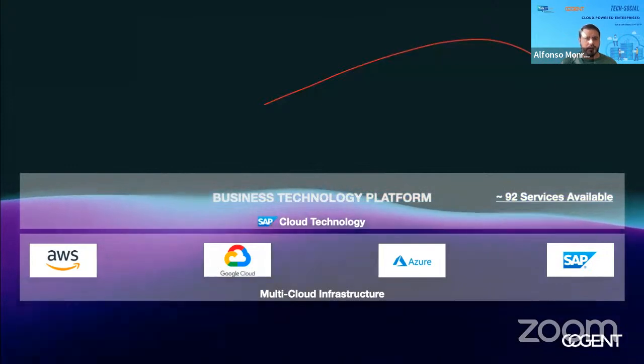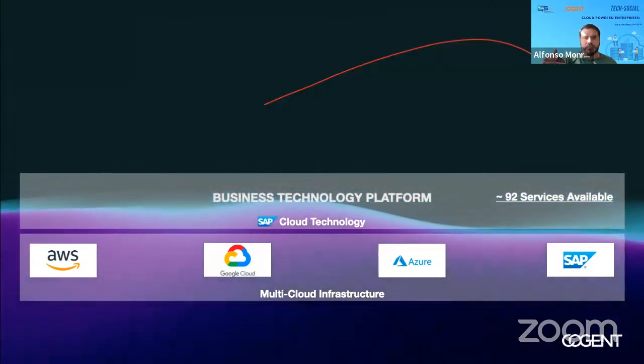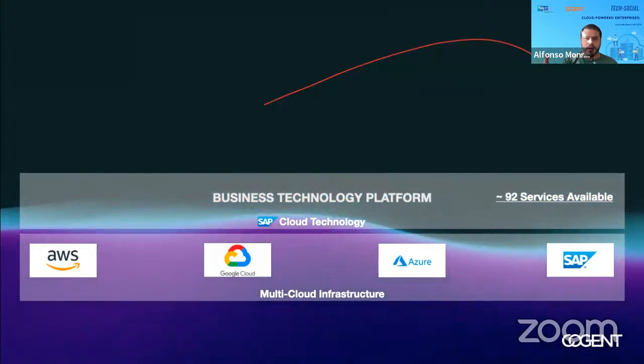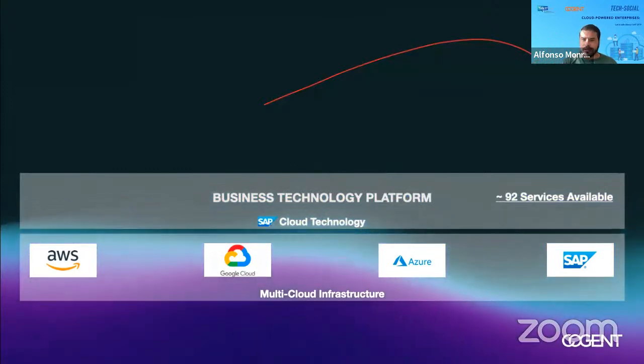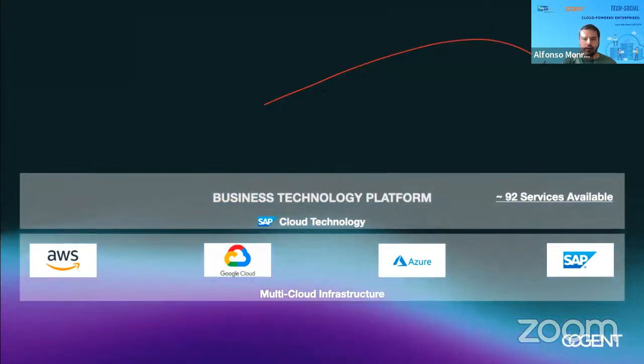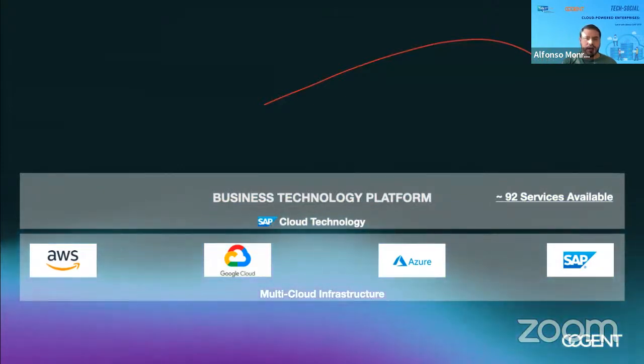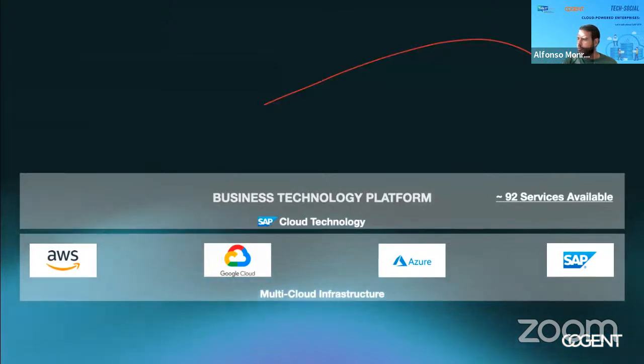On top of these cloud providers, BTP runs and is the SAP cloud technology that allows enterprises and individuals to build, integrate, or extend cloud solutions and cloud native applications. As I said, we have about 92 services available right now, but they are adding more services, and some others are being removed because of technology changes.